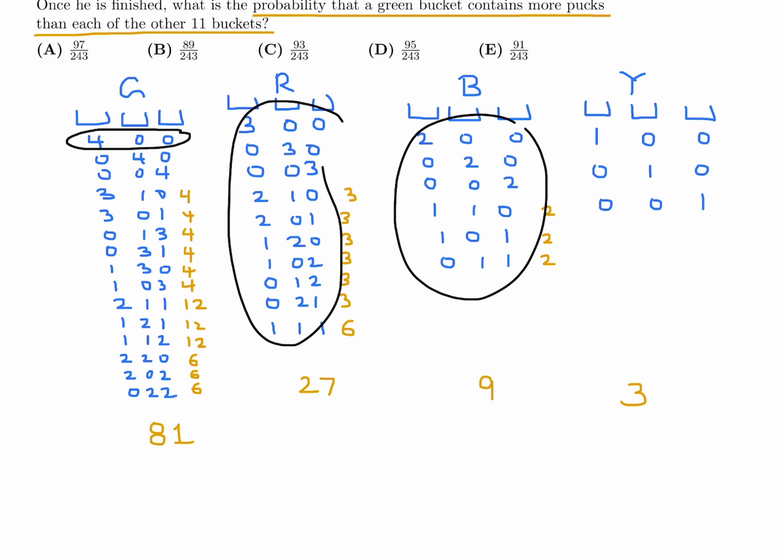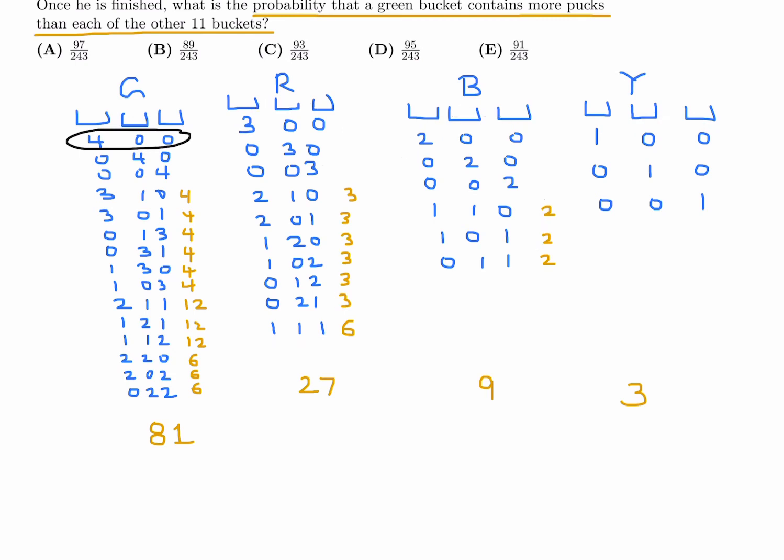So no matter what I chose anywhere else, I'm guaranteed that a green bucket, namely this one, will have more pucks than each of the other 11 buckets. So I want to choose these guys. So how do I do that? Well, 3 of those 81. There's 3 here and there's 81 total if you count all the permutations.